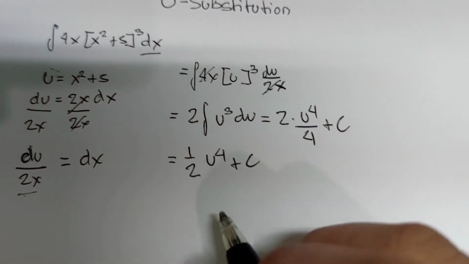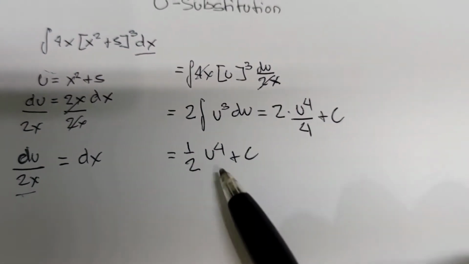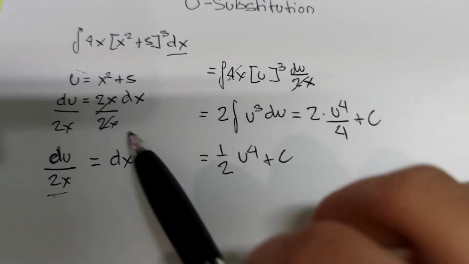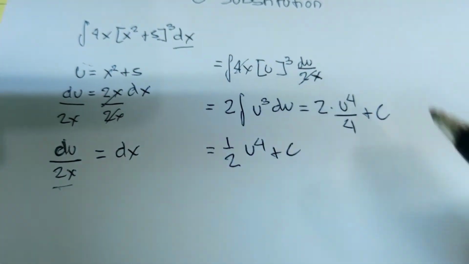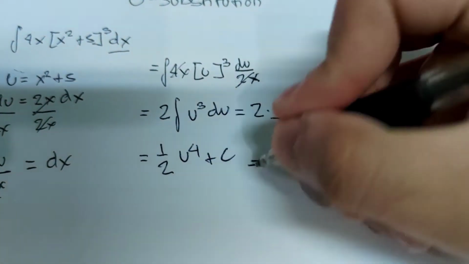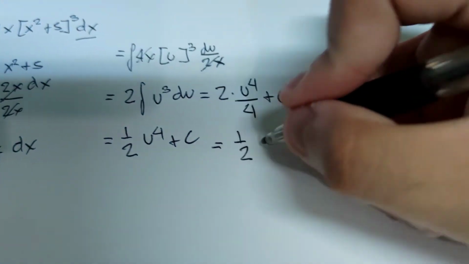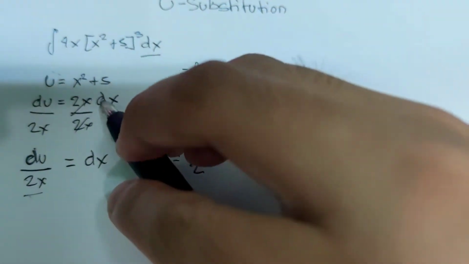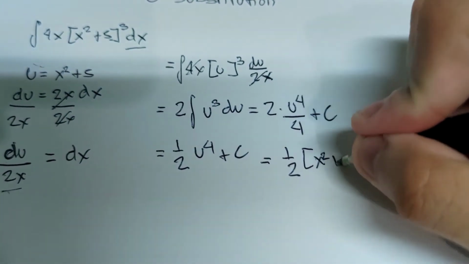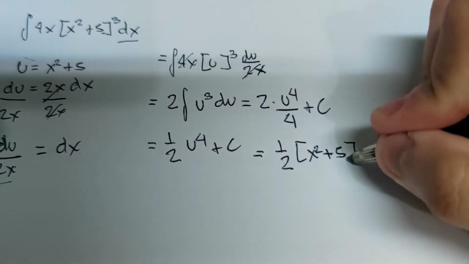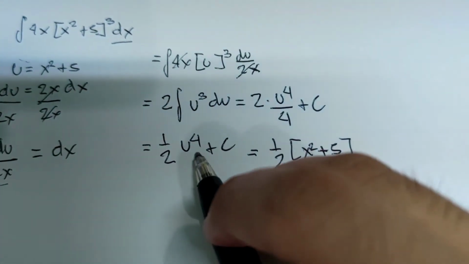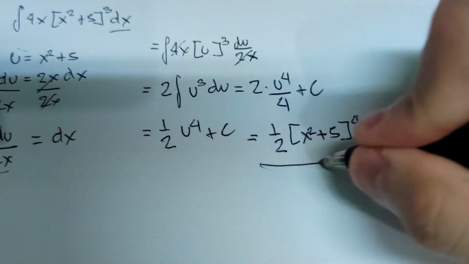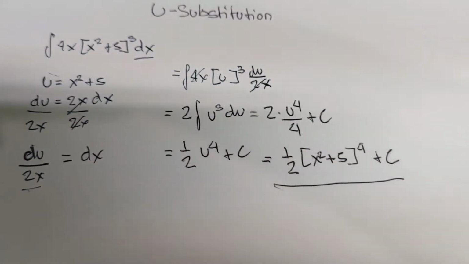The last thing you will do is replace the variable u with your value of x squared plus 5. So we have 1/2 times (x squared plus 5), and let's copy our exponent 4, plus c. So this will be our final answer.